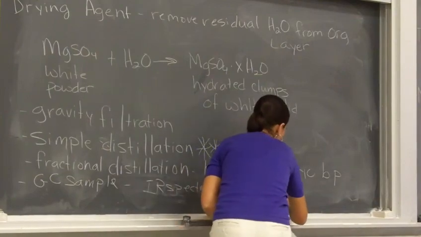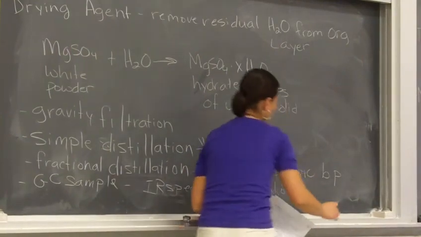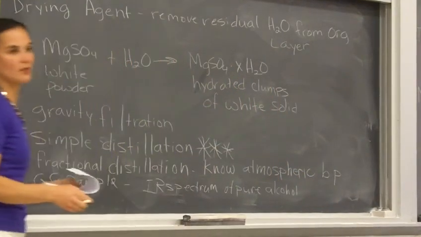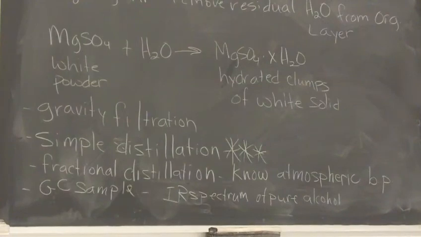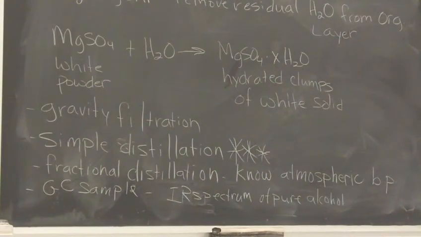You will compare that. So for your literature spectrum that you're going to compare it to, you need to look up a spectrum of either your alcohol that you're making this week or something that's structurally similar, okay? So say you're making 4-octanol, but you can't find 4-octanol's IR spectrum.